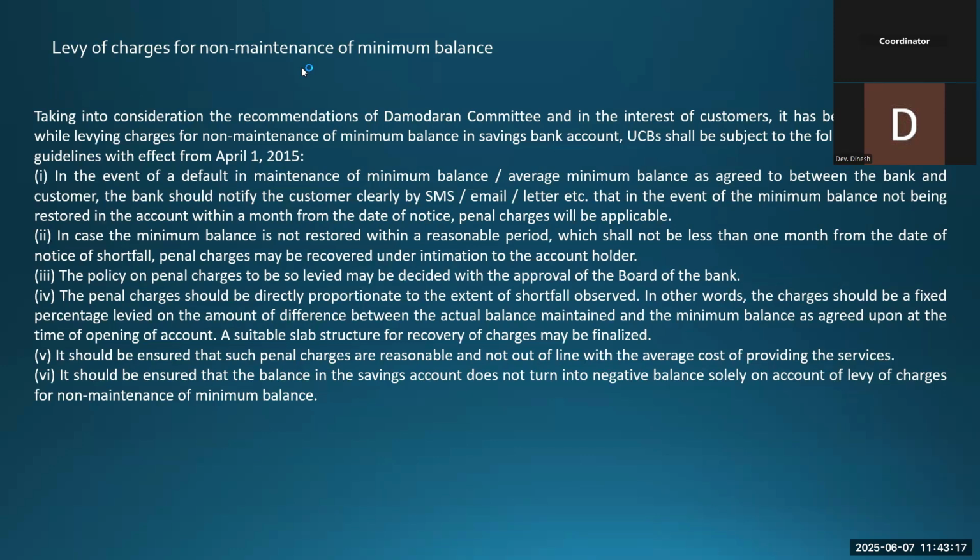Charges should be fixed at a percentage levied on the amount of difference between the actual balance maintained and the minimum balance as agreed upon at the time of account opening. So how much charges can you levy to the customer? There has to be a proportionate charge.